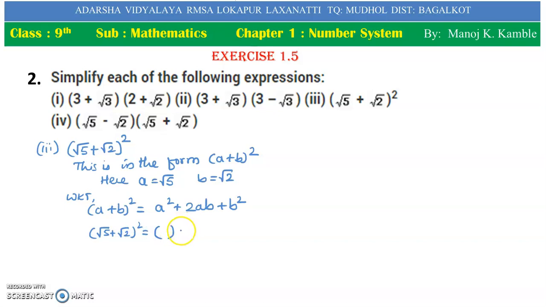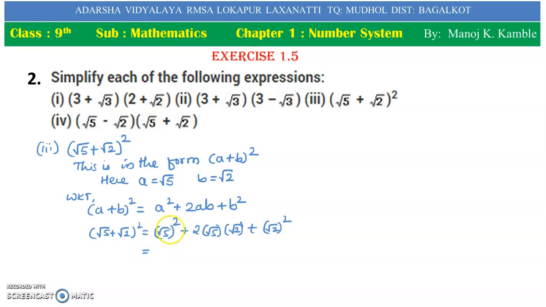Make it like this, so it becomes so easy for you to simplify. What is the value of a? That is root 5. What is the value of a? Once again root 5. What is the value of b? That is root 2. Next, what is the value of b? Once again root 2. Now here is the square part.